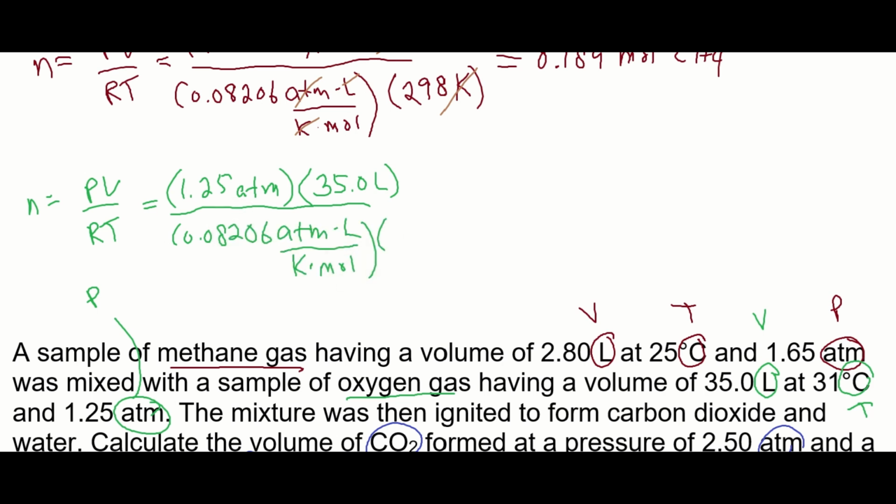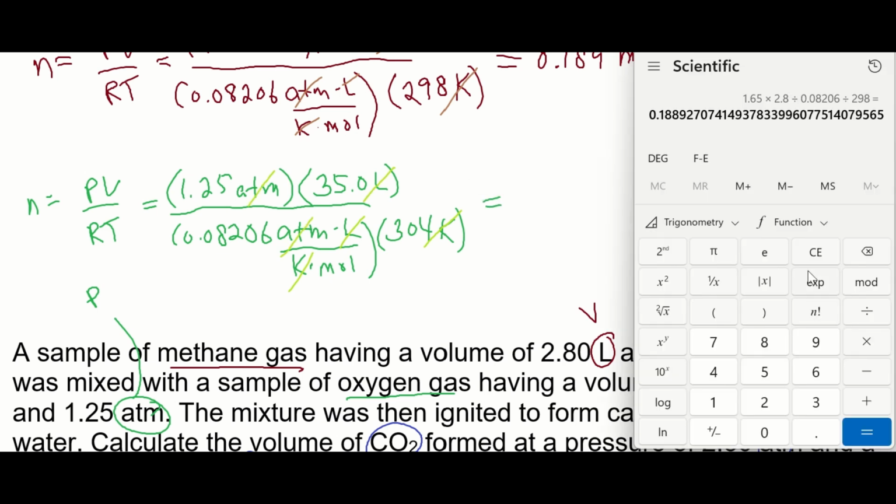And the temperature is 31. We need to add 273 to that. All these units are going to cancel out, except for moles. 1.75.